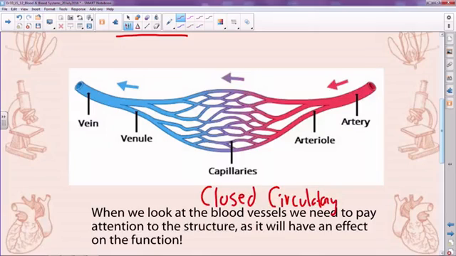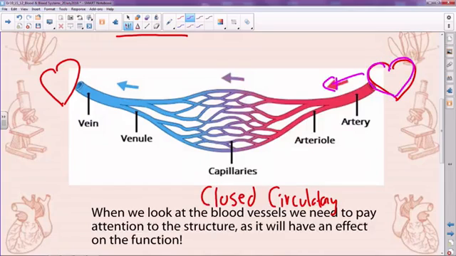Now, when I'm talking about an artery and a vein, I can put 2 diagrams over there. When we look at the definition of an artery and a vein, I want you to show the arrows. There is the heart, there is the arrow. An artery is a blood vessel that takes blood away from the heart.